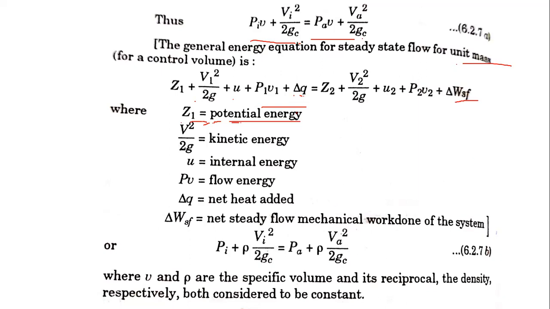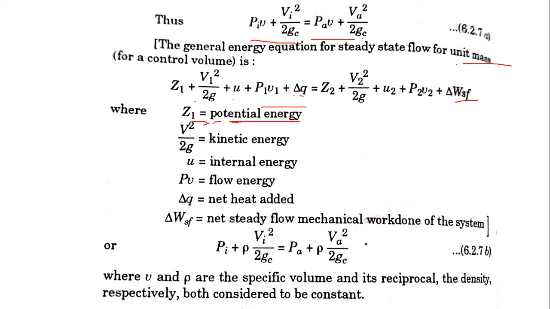Or simply we can write this equation as Pi plus rho into Vi square by 2Gc is equal to Pa plus rho into Va square by 2Gc. In simple form, we can write this as equation 6.2.7a, and this is 6.2.7b.